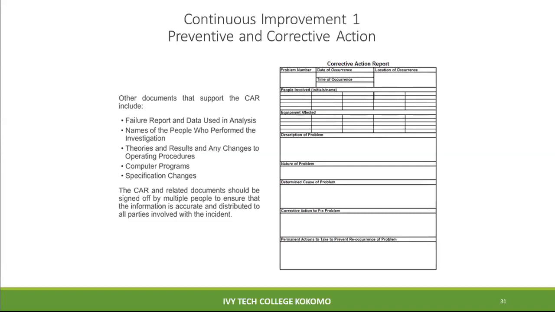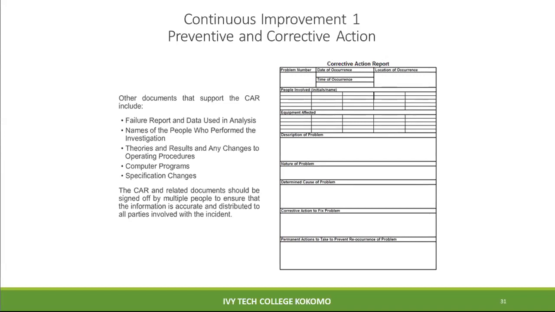Okay, other things that help a corrective action: you've got your failure report data analysis that you use during that corrective action, who performed that stuff, who investigated, any extra theories, any specification changes. All those things are important to a corrective action report because multiple people typically work on quality issues.